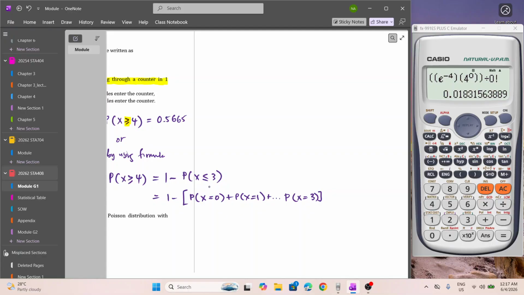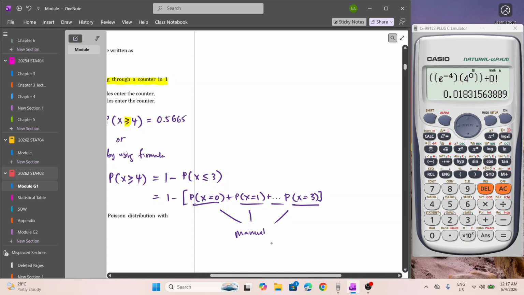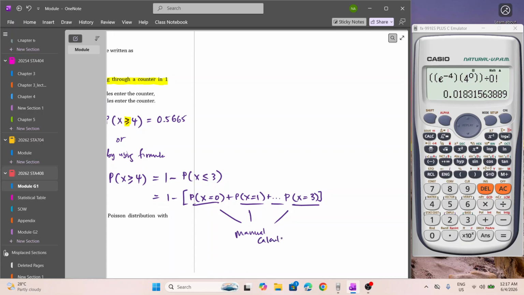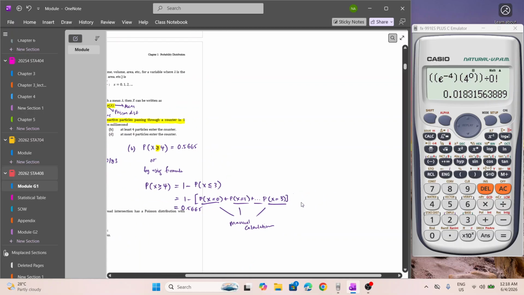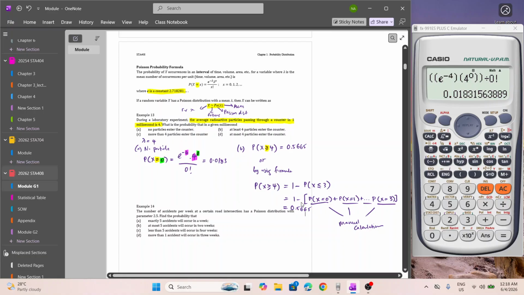You need to calculate all these, 0, 1, 2, 3, manually, and then 1 minus everything here, and you should get the same answer, 0.5665. So that is for question B.